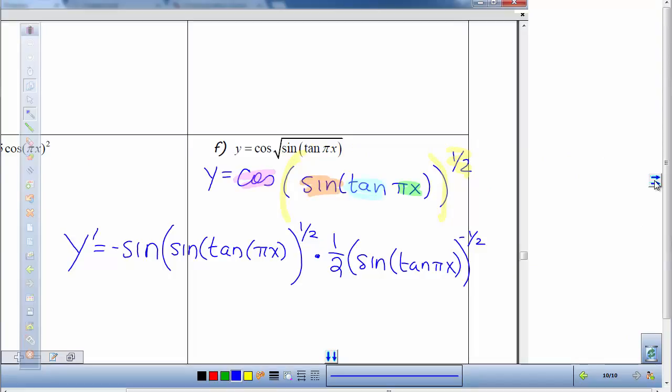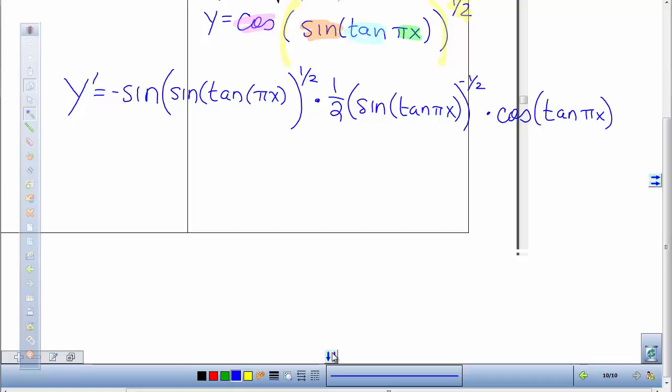Next layer is what? Sine. So the derivative of sine is cosine, and the inside part stays the same. Now we need the derivative of tangent, right?